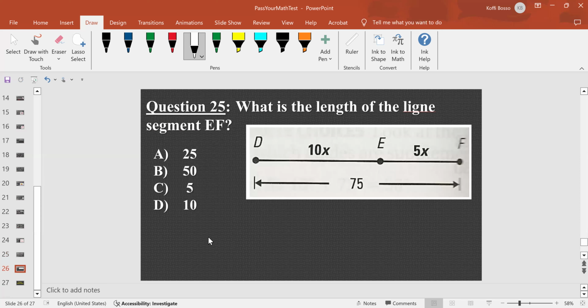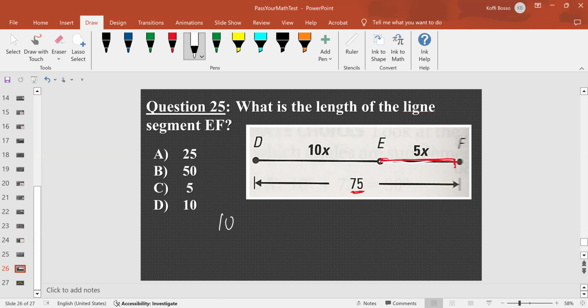Question 25. What is the length of the line segment EF? So here, EF. Okay, you see, when they put 75 here, 75 is the length of DF. So the entire length DF is 75. But if you see here, we have DE, which is 10x.